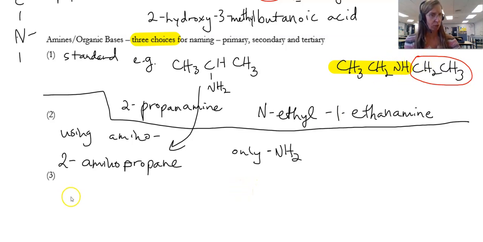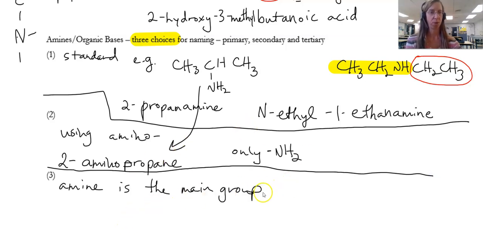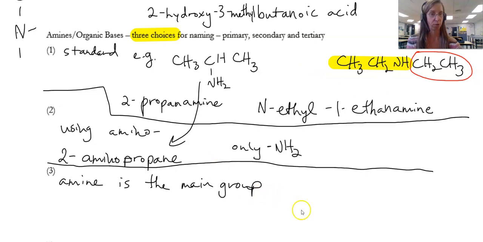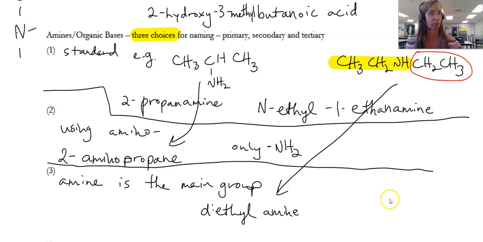The last one is actually a nice one for this style where we have the same thing around the outside. So we can name with just the amine as the main group and all of the carbon groups around the outside as side groups. So this one here, we could call that diethyl amine. So we've got ethyl and ethyl around the amine.